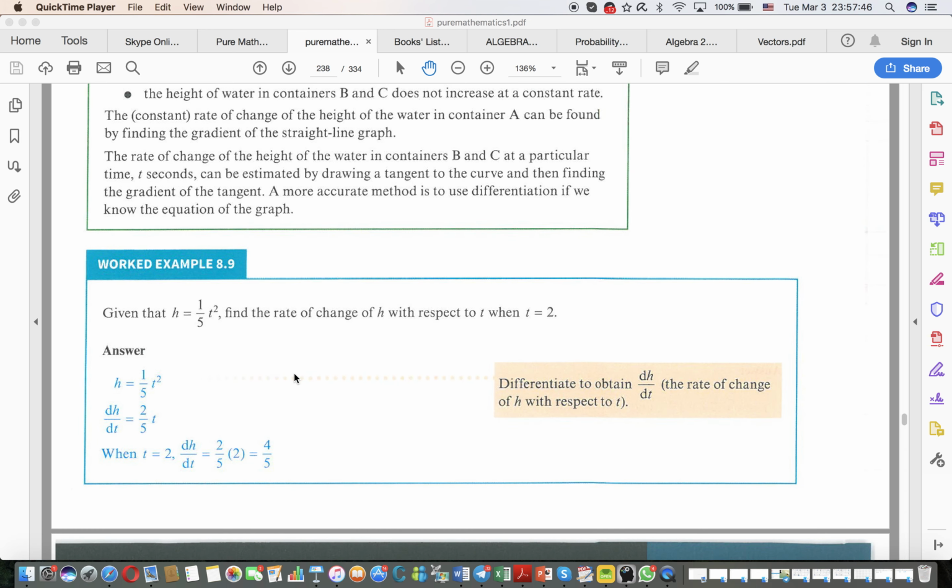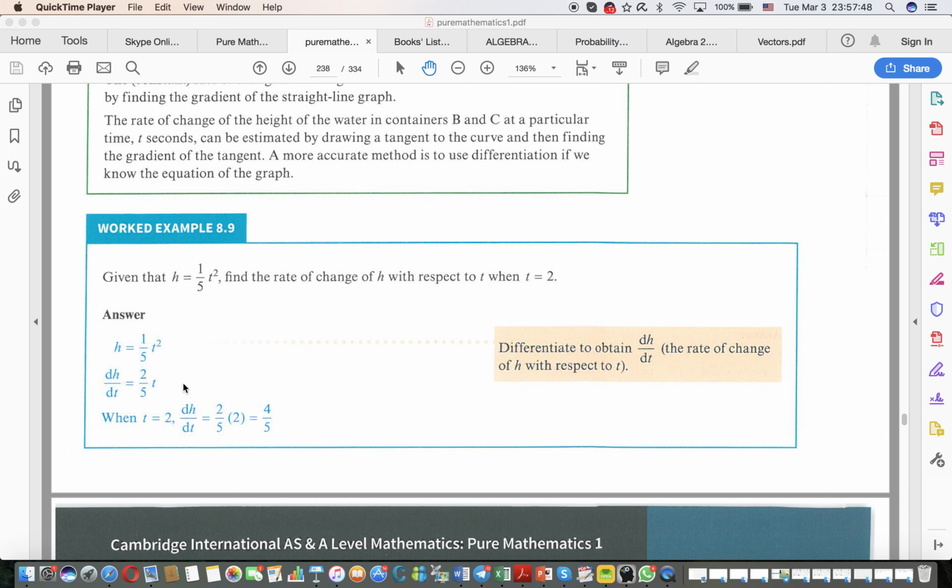Now look at the first example here. It says given that h is equal to 1 over 5 t squared, find the rate of change of h with respect to t when t is 2. As you see, fortunately, h is directly defined in terms of t, so you can easily differentiate. What is the differentiation of h equals 1 over 5 t squared?